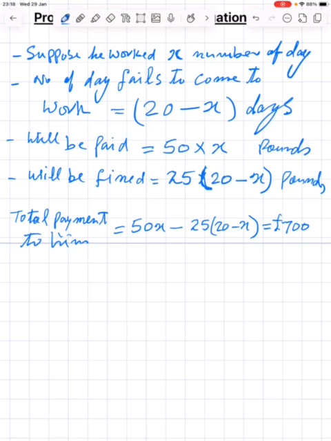So if we put it in here, again 50x minus, if we solve this bracket, 25 times 20, 500, minus, remember the outside bracket is minus, so minus 25 times minus x will be plus 25x, which is now equal to £700.